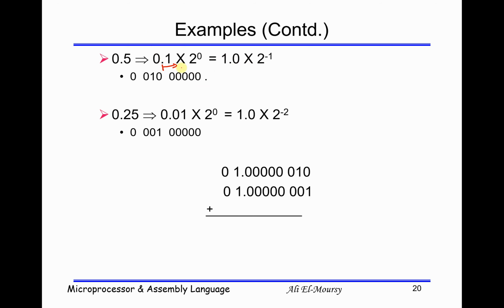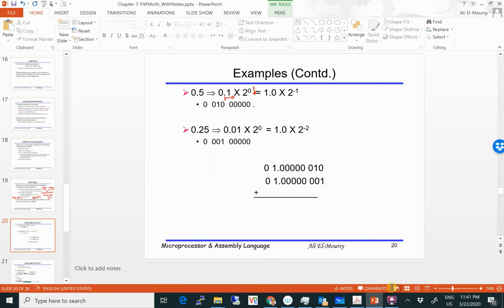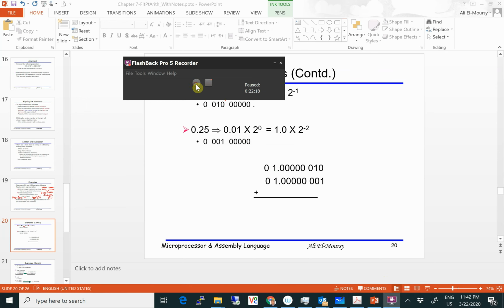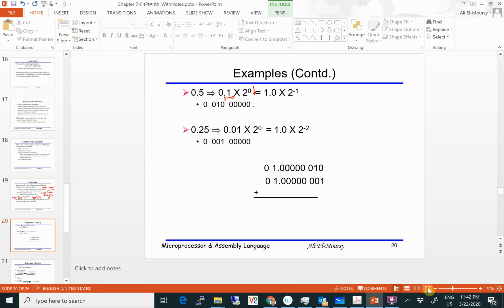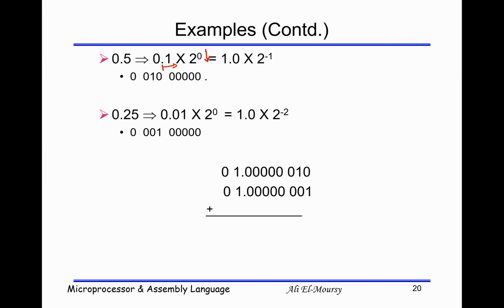Shifting to the right means I have to reduce the power by 1. So my mantissa here is 1.0.